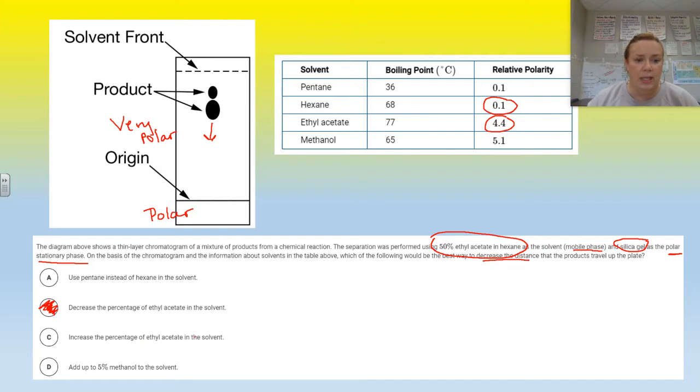Okay, we don't want to increase because that'll make your spots go even further and they'll probably go off the page. And pentane, there's no reason to use pentane instead of hexane because the polarity is the same. And if we add 5% methanol to the solvent, we're increasing the polarity again. So we want to go with B, decrease the percentage of the ethyl acetate.